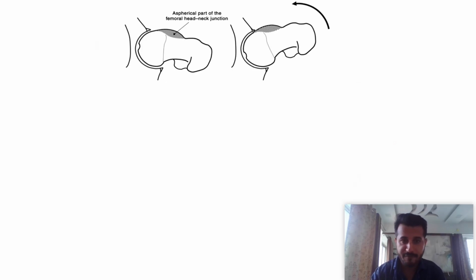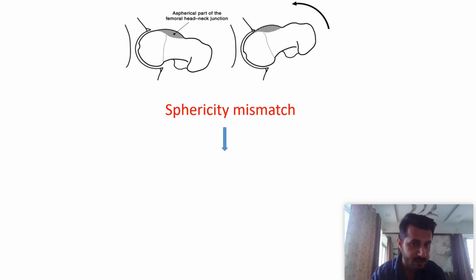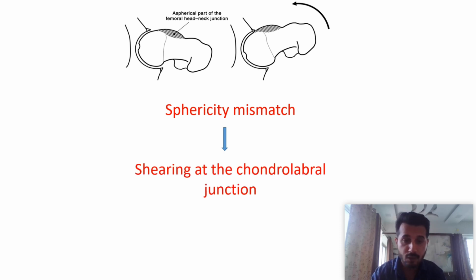So this sphericity mismatch in CAM type of FAI, what does this do? As I discussed in that video which I have shown to you a few slides before, the sphericity mismatch would cause shearing at the chondrolabral junction. I want to highlight this point here that it causes shearing at the chondrolabral junction first, not at the labrum.